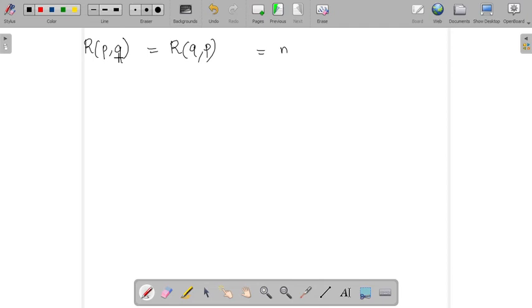So here what you do is you are interchanging the colors. അപ്പോൾ നമ്മൾ colors interchange ചെയ്താലും you will always have a P click or Q click in it. So therefore R of PQ will be equal to R of QP.